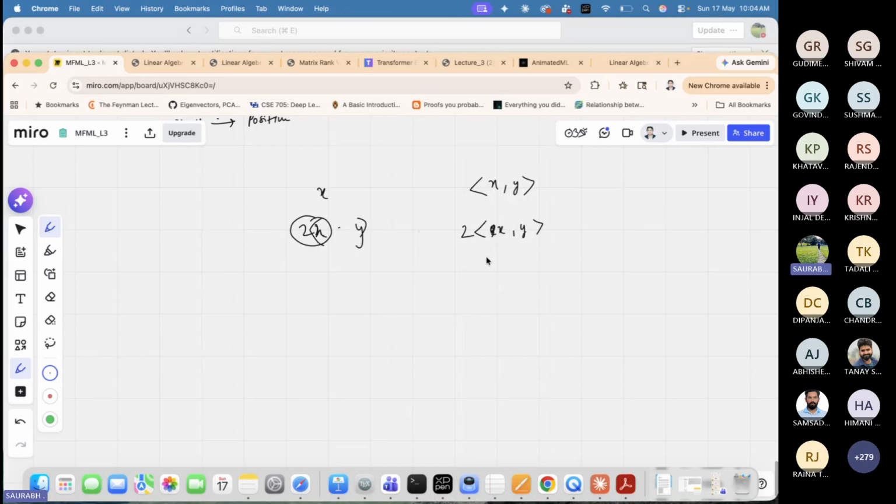And the way it is written there is, if you scale a particular vector x with alpha and the second vector y with beta, and then you take an inner product with z, it is the same as taking the inner product between x and z and scaling it, plus the inner product between y and z and scaling that. Okay, so this is the first idea.